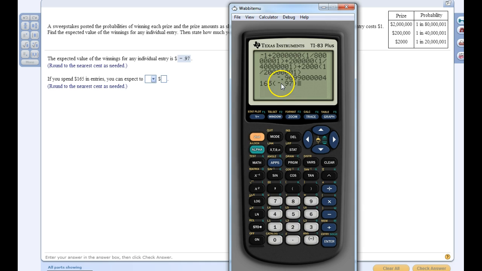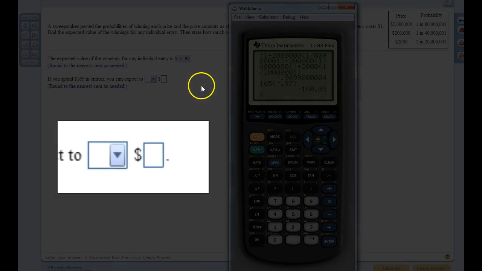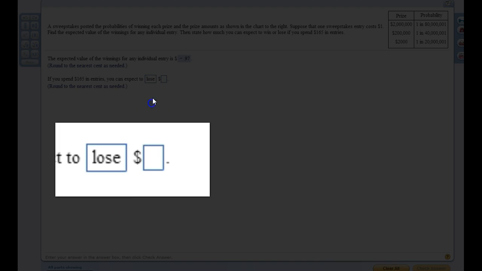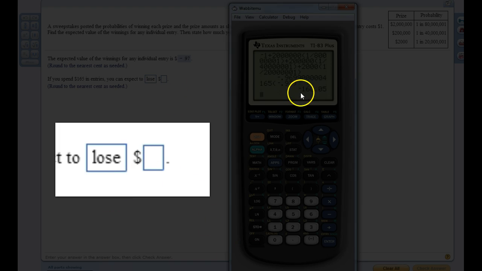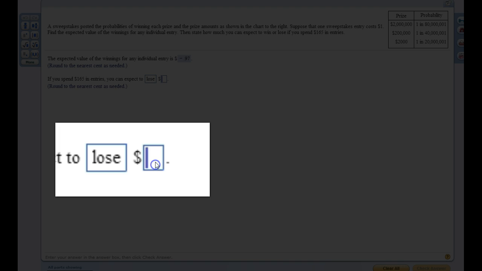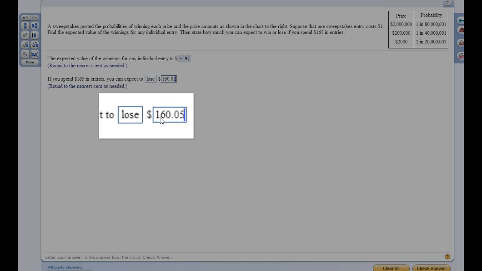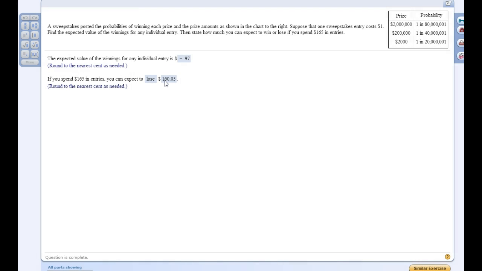So if we spend 165, we're going to lose 97 cents for each one of those $165, which comes up to 160.05. So we can expect to lose, and the lose takes care of the negative, and now we just type in the number, 160.05. So you just multiply these together to get the first number, and then multiply that number times whatever dollar amount you spend, because this is per $1.